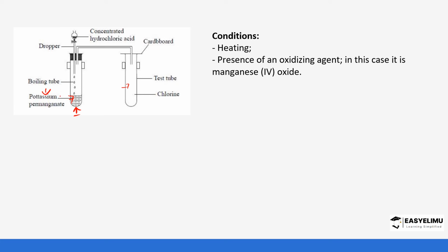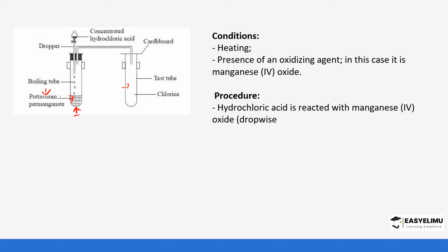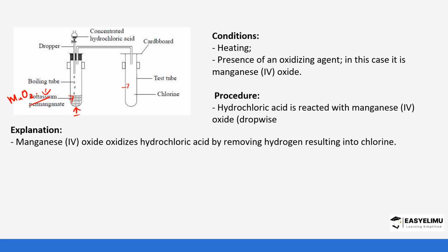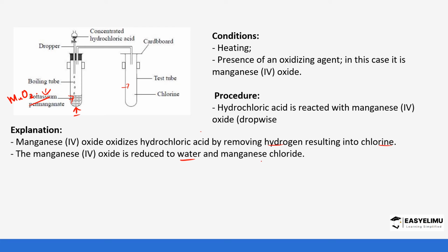In this case, it's manganese(IV) oxide. So hydrochloric acid will react with the manganese(IV) oxide, and then manganese(IV) oxide oxidizes hydrochloric acid by removing the hydrogen, resulting in the formation of chlorine, and itself is reduced to water and manganese chloride.